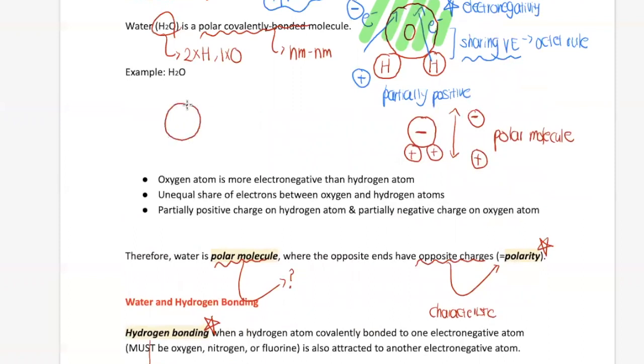Let's say we have two water molecules that are interacting. I'm just going to draw two of them. We all know that the hydrogen end is positively charged and the oxygen end is negatively charged. In physics, there's one fundamental law called Coulomb's law.